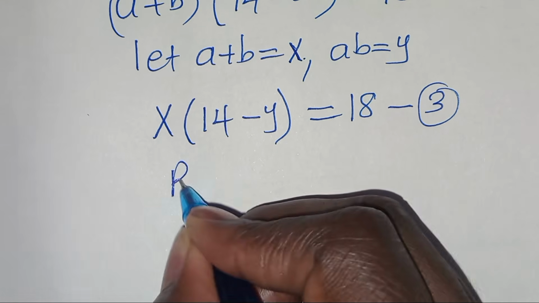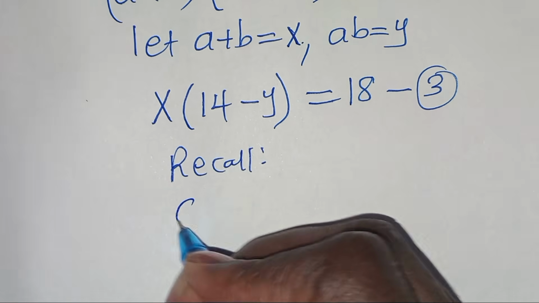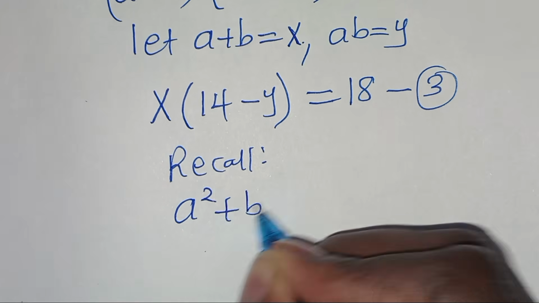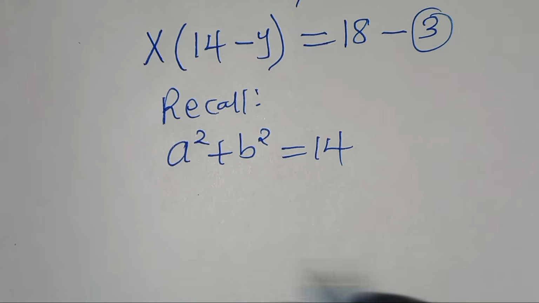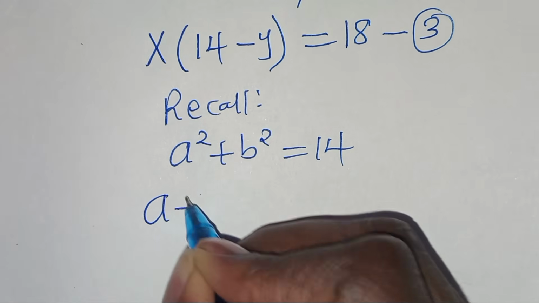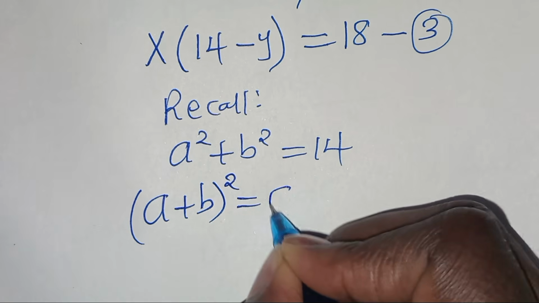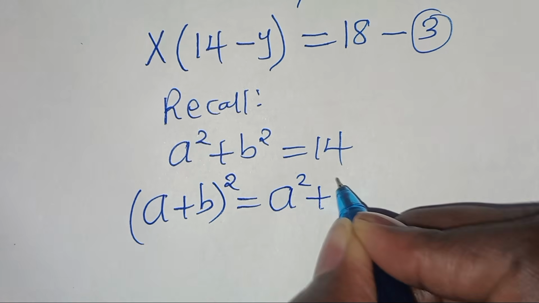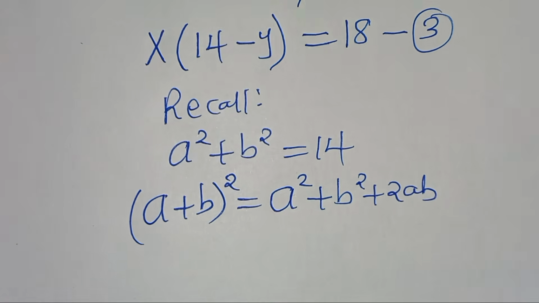Now, if you recall from equation 2, which is a squared plus b squared, this is equal to 14. Now we have that a plus b raised to the power of 2 can be expressed as a squared plus b squared plus 2ab.